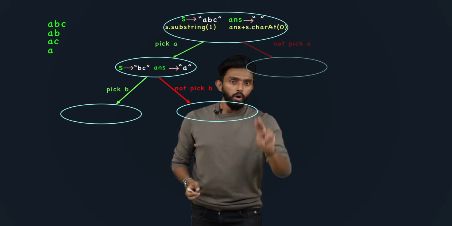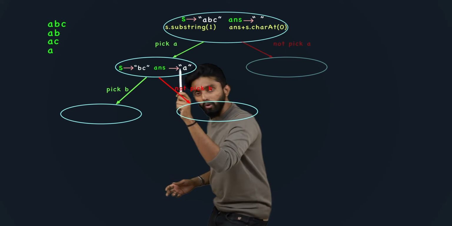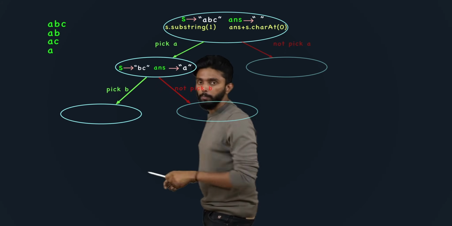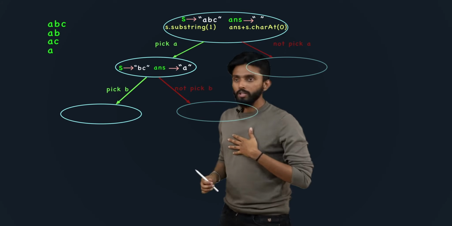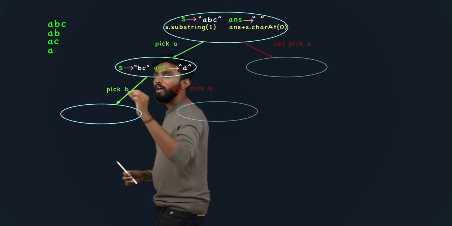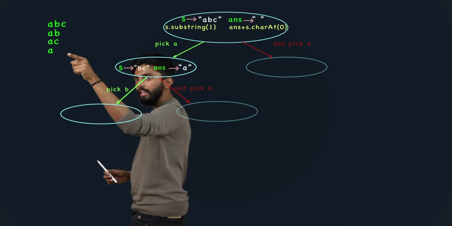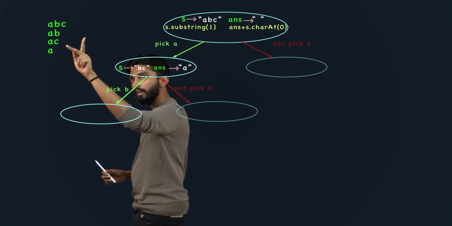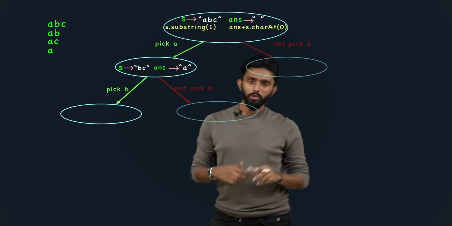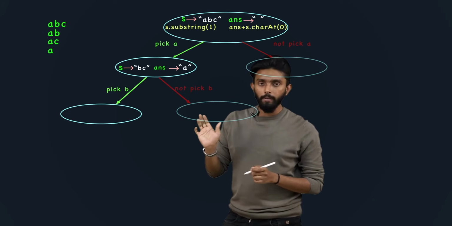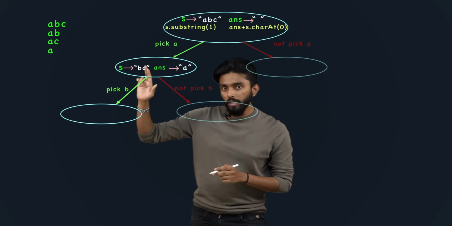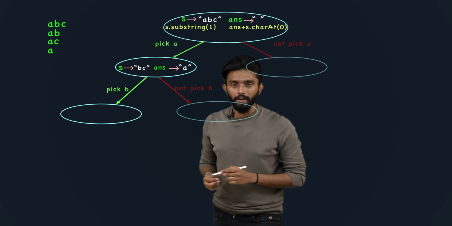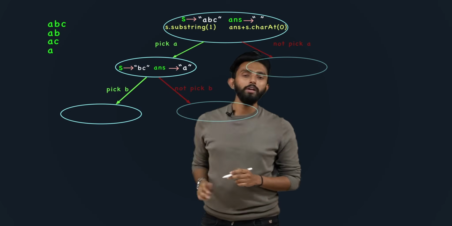Which means, would you agree? Because I've told, hey, I want to pick B, ultimately what I'm saying is, in my answer, I want all these where B has been picked. So I want A, B, C, and I want A, B also. That's what I'm saying. So answer already has A. Now because I'm picking B, to my answer B has to be attached. So how will you attach B to the answer?